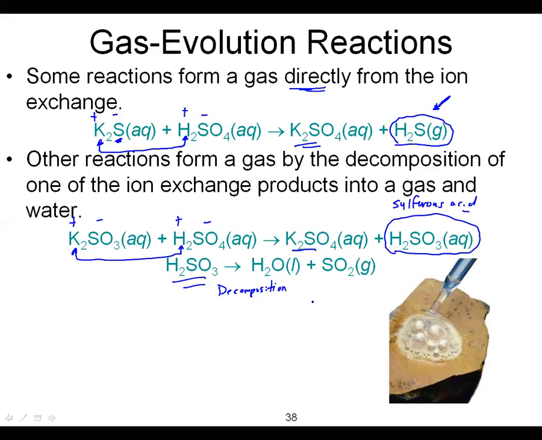And in this case, it will very quickly decompose into water and sulfur dioxide gas being generated. This is an indirect method of generating the gas. It is a double displacement reaction.